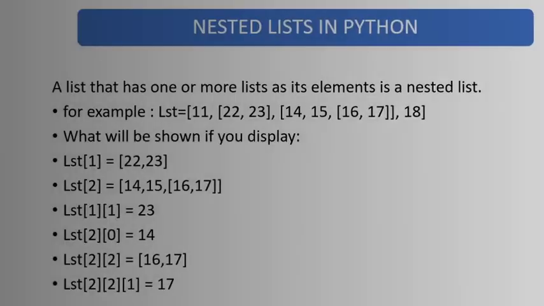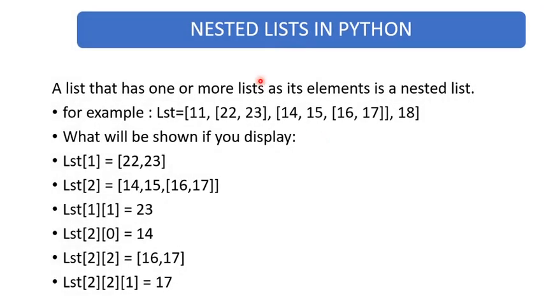Before starting 2D list, we must know that there is a difference between nested list and 2D list. Nested list means a list inside a list is called nested list. We know that a list can contain any kind of data type as its element.